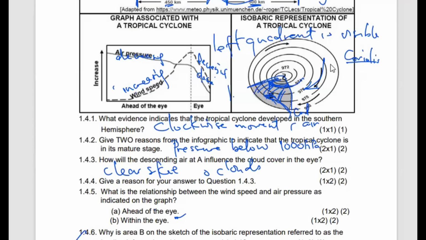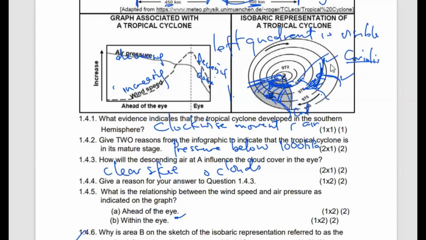Because if we try to check, why is the dangerous quadrant not in this area here? It cannot be in this area because what is only affecting here is the circulation of the weather system. The deflective effect is going in the opposite direction. They are not going in the same direction. The deflective effect is going to the left, while this system is going in that direction. So there is no correspondence of Coriolis and the circulation of the weather system, but they can only work together in this quadrant here.